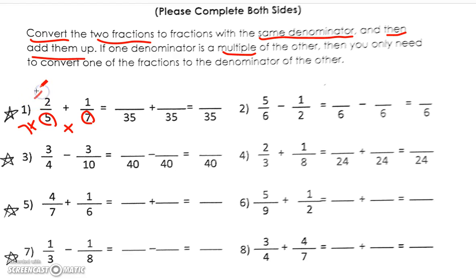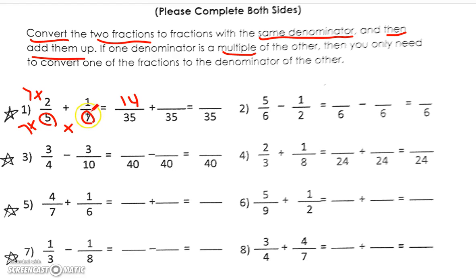So I'm going to multiply 2 times 7. 2 times 7 equals 14. So I'm going to put that over here. That's going to be our first fraction, 14/35.